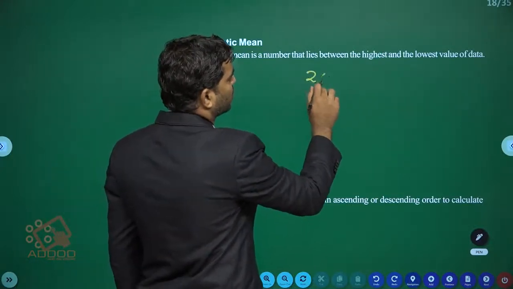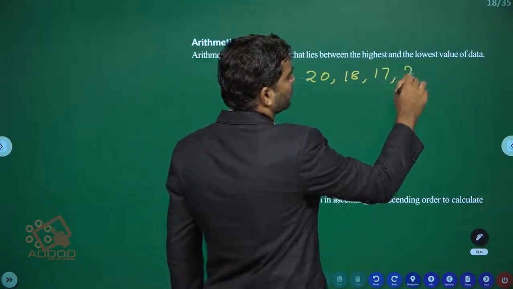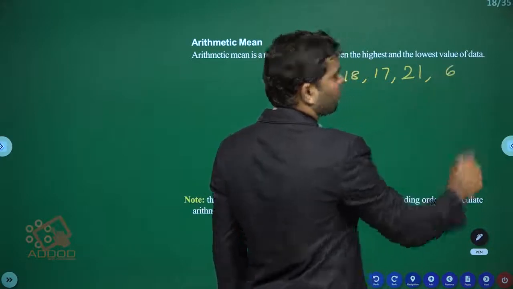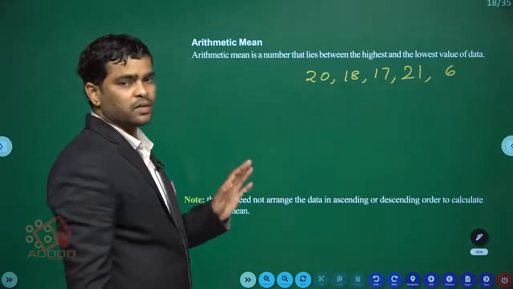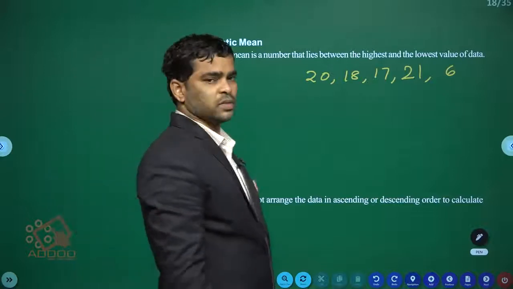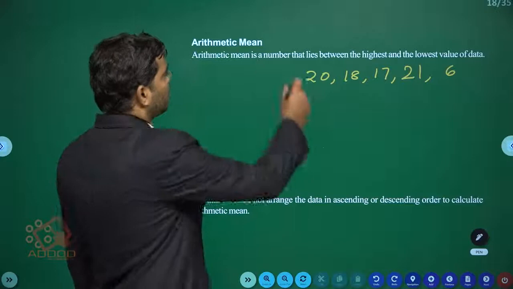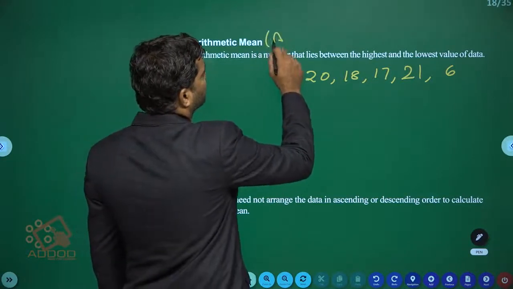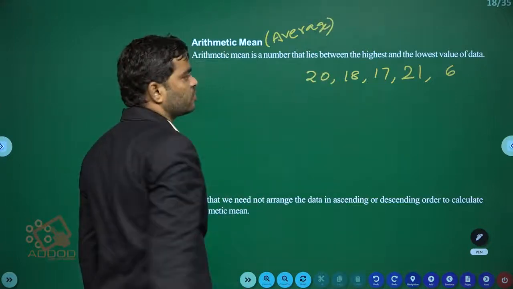One student got 20, one got 18, one got 17, one got 21, and one got a very low score, which is 6. These are the marks of 5 students in a unit test out of 25. What is the mean mark, or the average mark, of these 5 students?